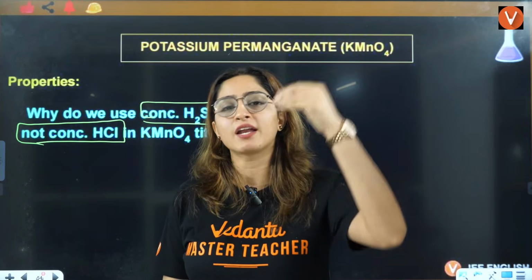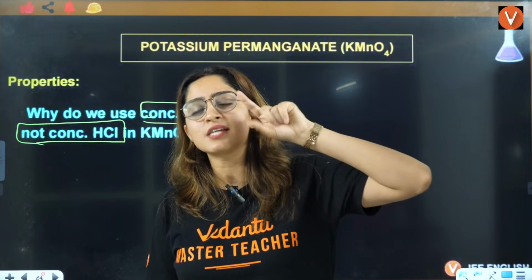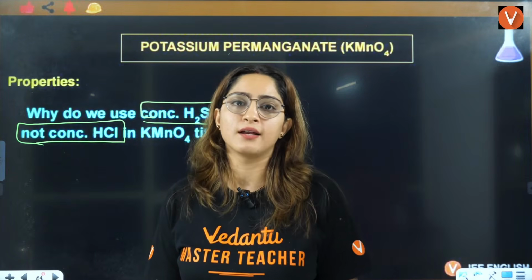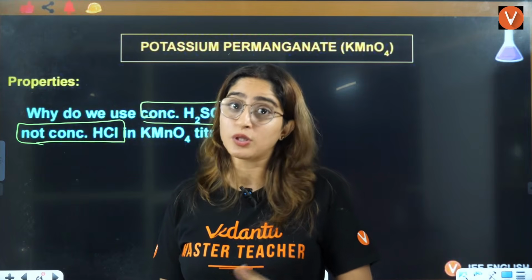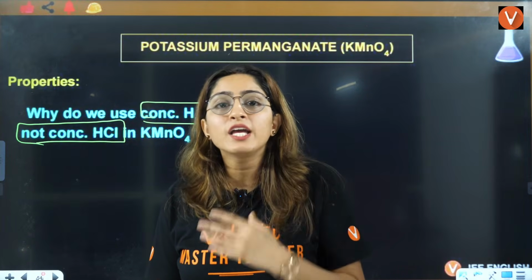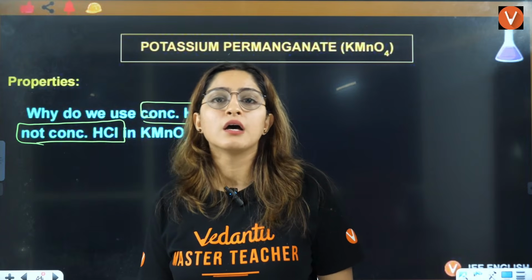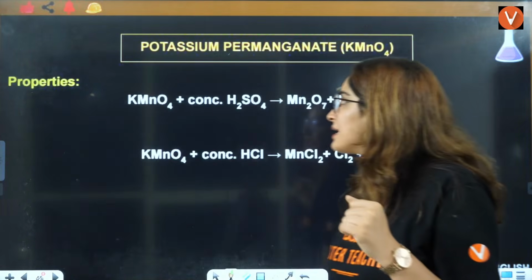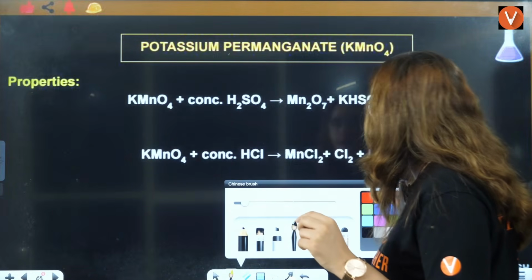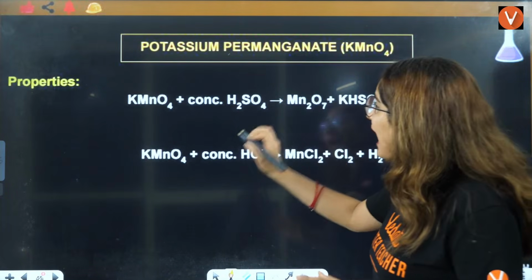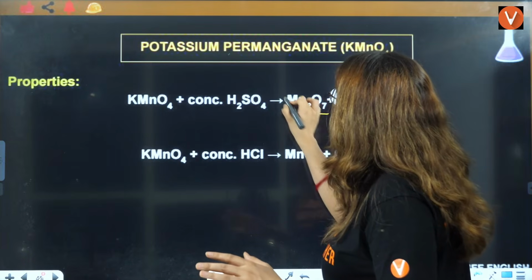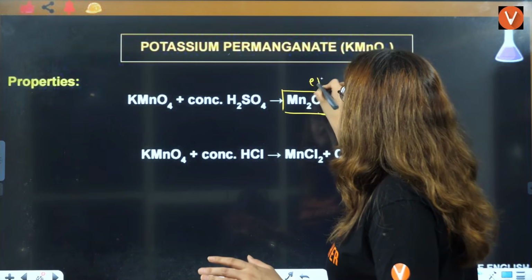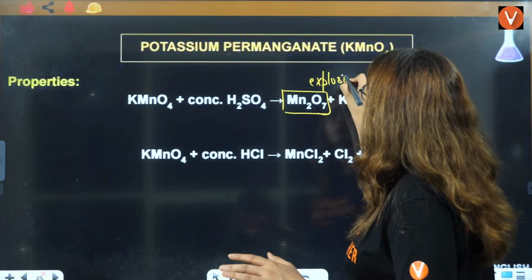You will see anywhere in your titration, they will never say to use concentrated HCl. Why? Both are strong acids. Now, why is concentrated H2SO4 used instead of concentrated HCl? The reason is that when you have concentrated H2SO4, it is directly converted to Mn2O7, which is very explosive in nature.